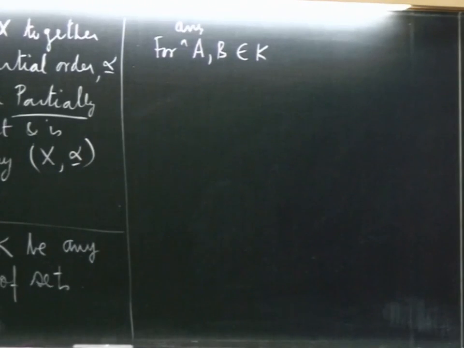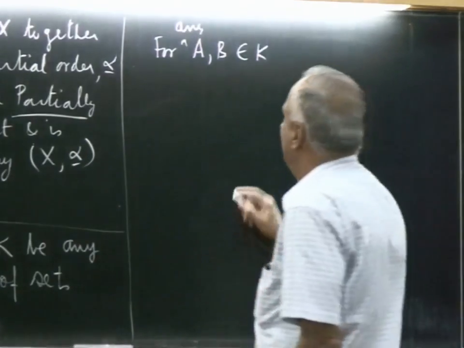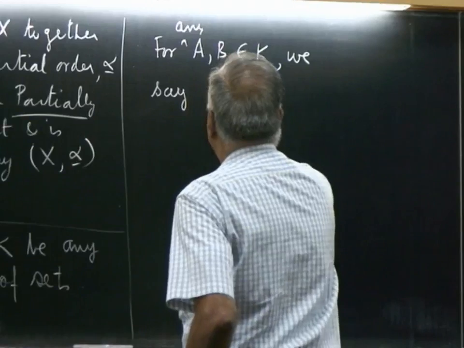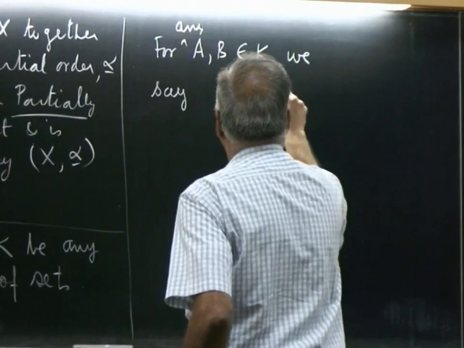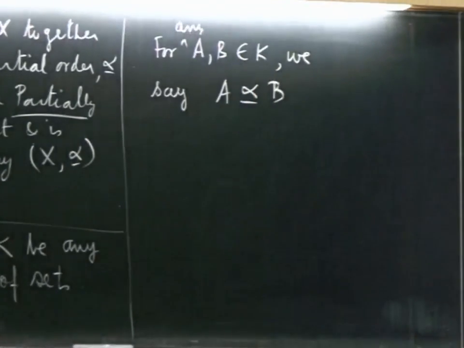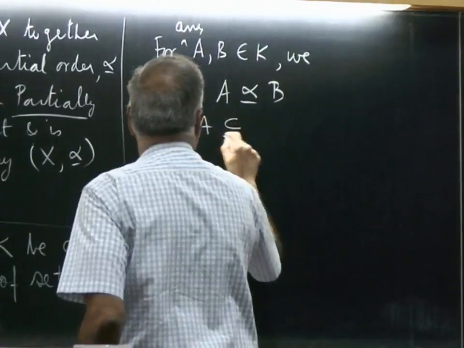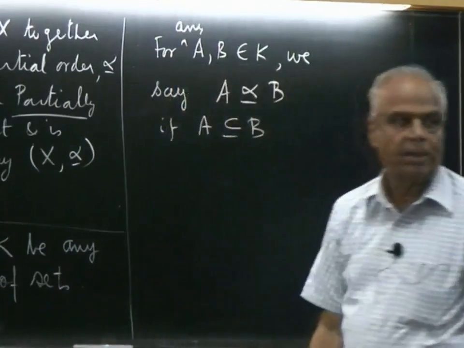A and B are sets, okay, and K is the collection which contains all these sets. For A and B in K, we say A is related to B. So I am defining a relation if A is a subset of B, A is contained or equal to B.